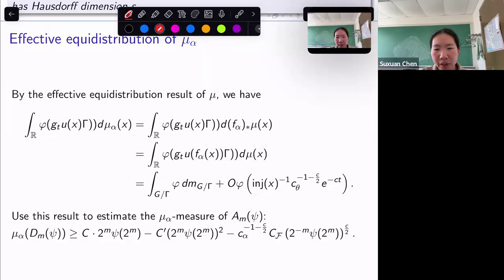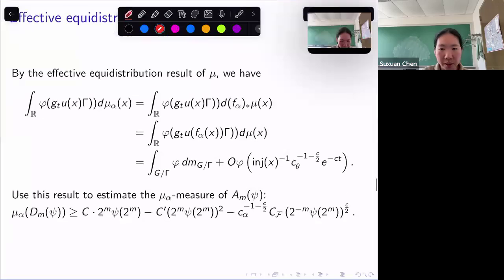Then by change of variable, we move the F_alpha inside, so now the new variable is F_alpha x. Recall that this F_alpha is a linear function, so we can rewrite it and then do some argument. Then we can reduce this integral into the integral of phi against the Haar measure on G mod gamma plus some error term.